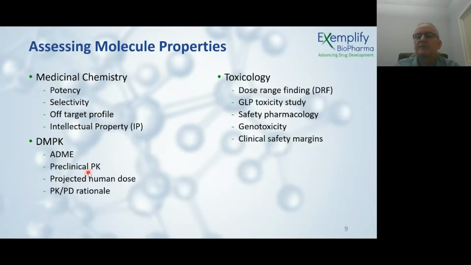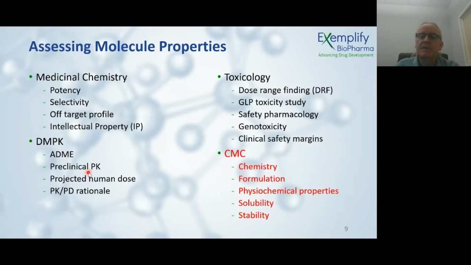You have to complete a safety pharmacology package. You need to understand any genotoxic implications of this molecule. And you need to define essentially what your clinical safety margins are going to be so that you can set out to design your phase 1 program within the bounds of the toxicology data or the parameters.